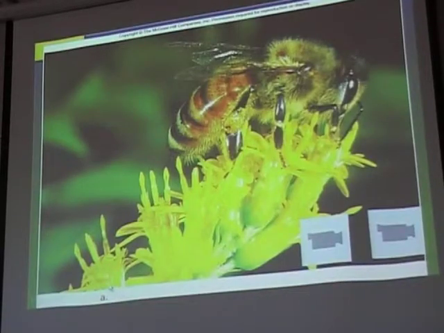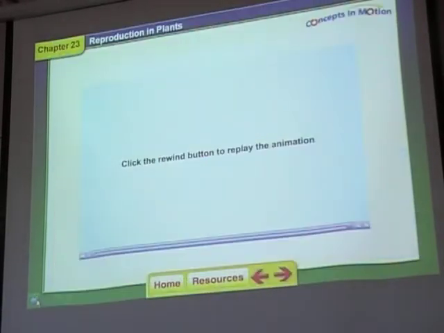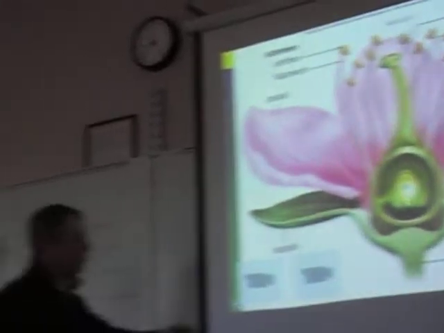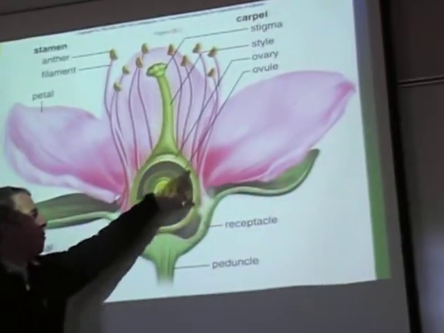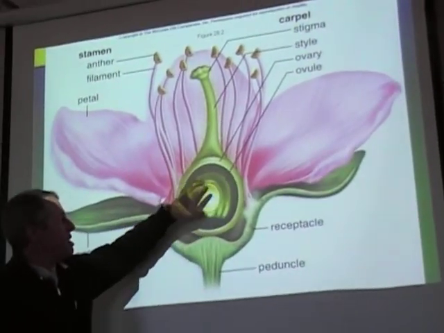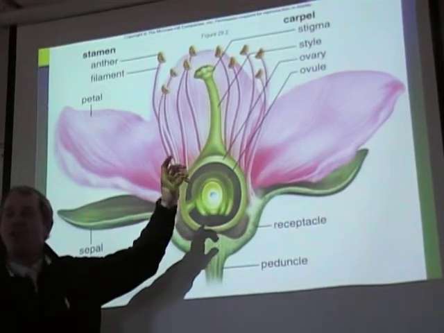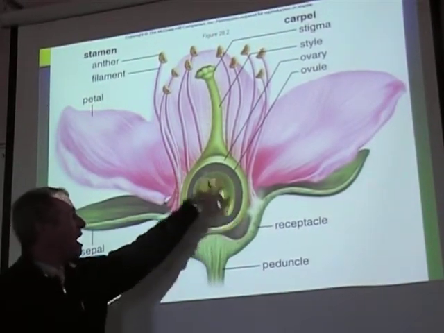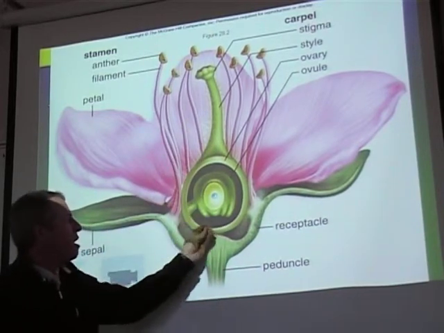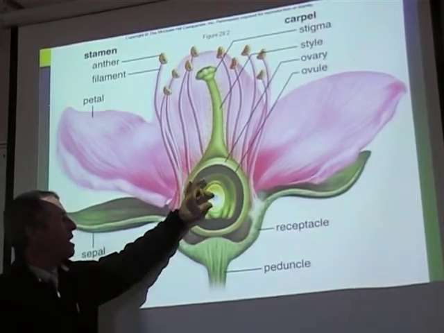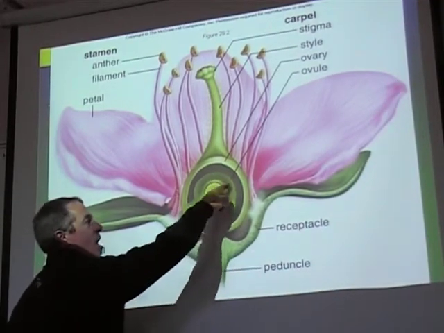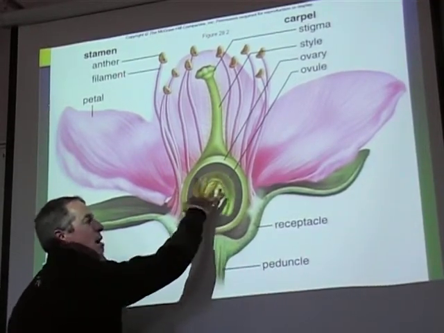That's awesome. And that brings me to something that you need to know about flowering plants. The ovary that houses the ovule, after the sperm have fertilized the eggs, after the pollen tube has grown, and the sperm go in here and fertilize the eggs, the center part of the ovule becomes a seed.